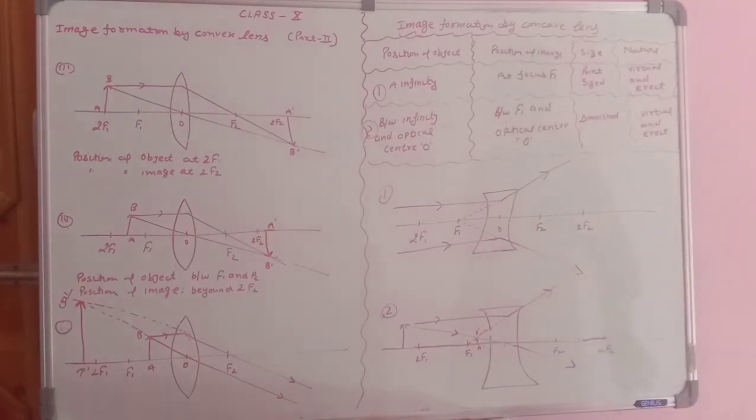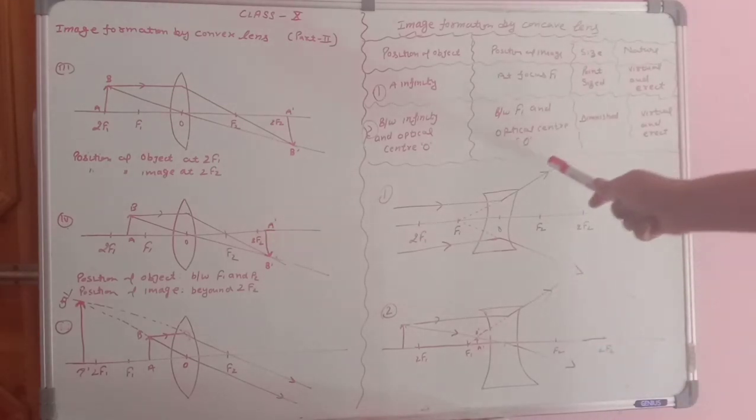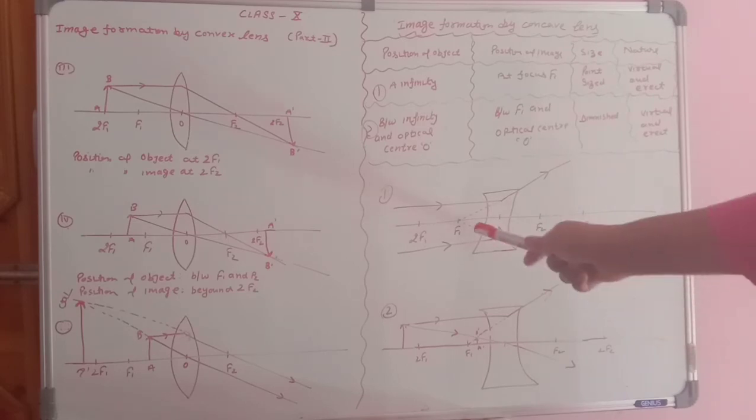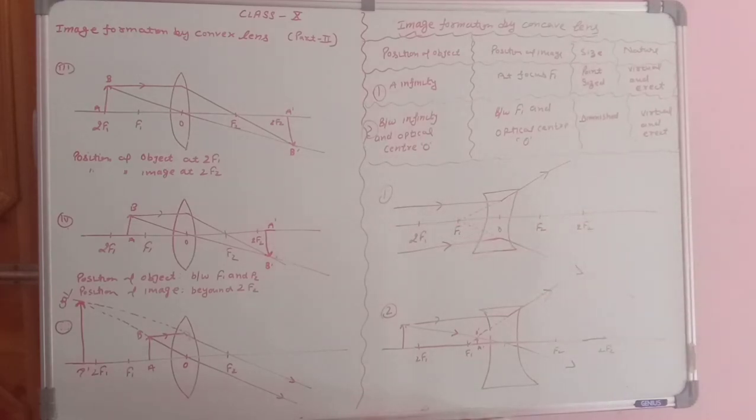They will not meet anywhere, that's why we are producing them back and they will meet at focus. So they are cutting each other at focus, that means at focus the image will be formed. That's why in the first case the object is at infinity and the image is at f1, obviously point sized, virtual and erect.